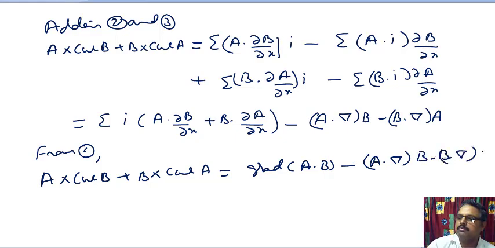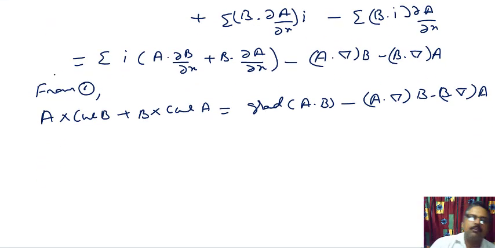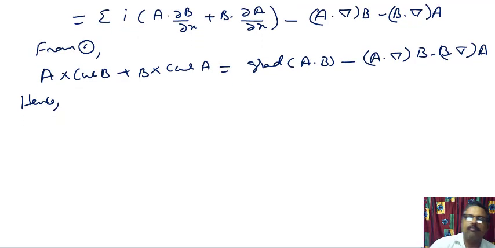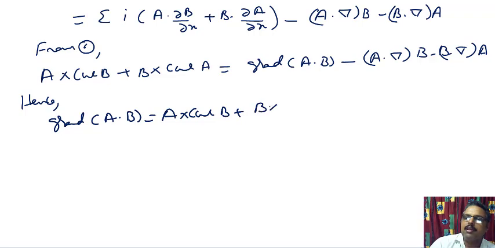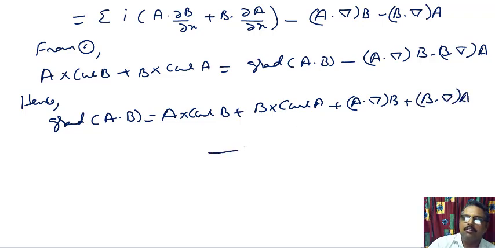So, by simplifying, the gradient of A dot B equals A cross curl B plus B cross curl A, if it goes to the left hand side, plus A dot del B plus B dot del A. These are all most important identities.